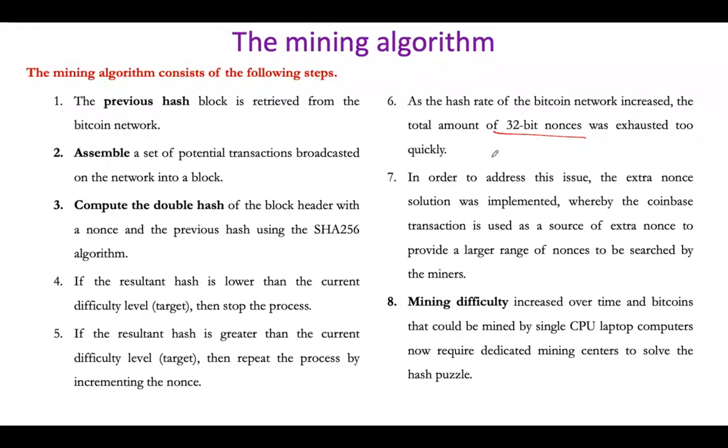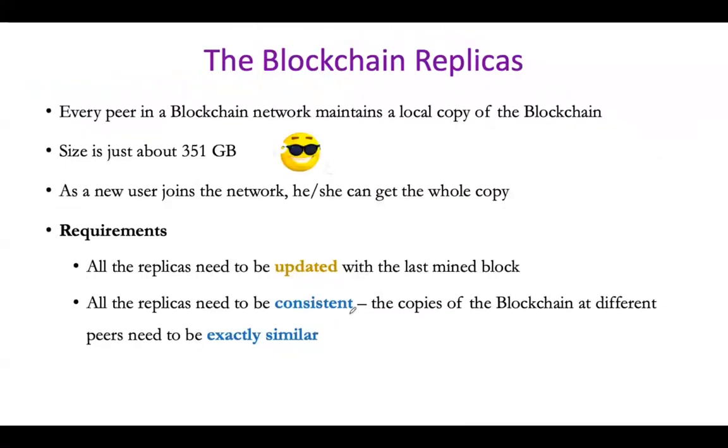The solution requires alternative hashes and additional nonces, which provide a larger range of nonces. Finally, the mining difficulty increases over time, and the Bitcoin that could be mined by a single CPU laptop now requires dedicated mining centers to solve these hash puzzles by the brute force method. So these are the steps required in the mining algorithm.